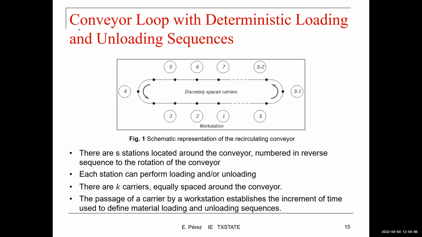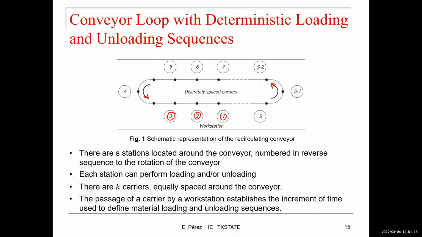So there are S stations, as I mentioned. S is the parameter. You can see that here. Located around the conveyor, numbered in reverse sequence to the rotation of the conveyor. So you can see the conveyor in this example is rotating in this direction, and the numbers for the stations go opposite to that direction. So we are numbering clockwise in this case.